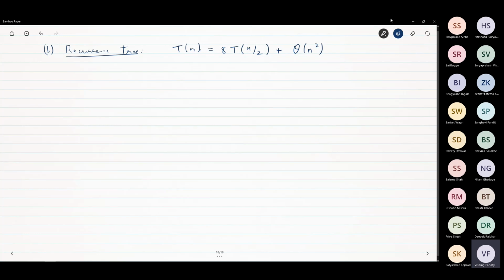You just have to draw a tree, right? That's the first thing. So where did you get stuck? Like, whenever we solve, we start like in the previous example, we started with a term cn square. Correct. So you take this.